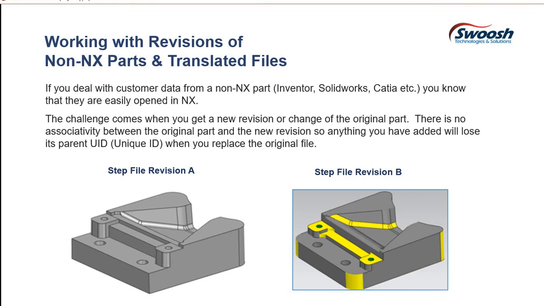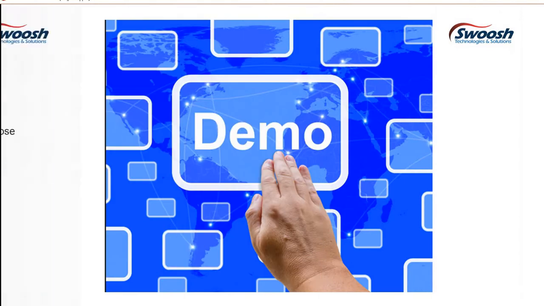So it knows how to transfer that data. But guess what? In a non-native file, it doesn't have anything to transfer. There are no unique identifiers on it, so we have to have other ways to transfer that information. And that's what I'm going to show you in my demonstration for today.